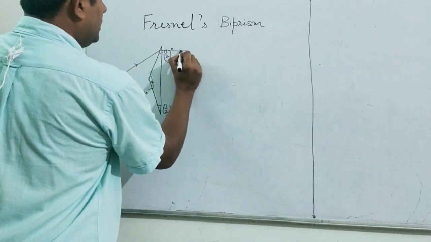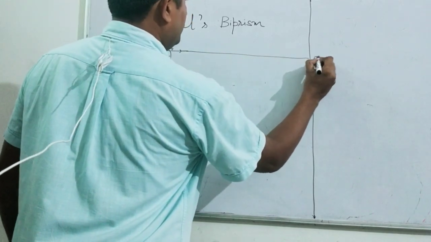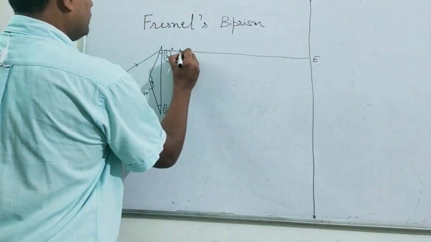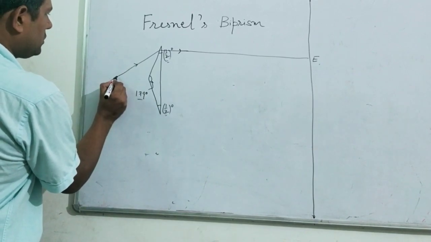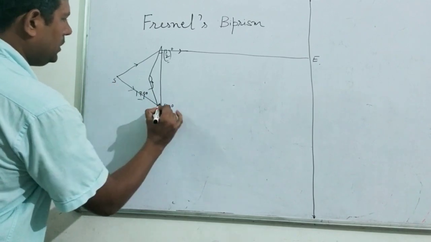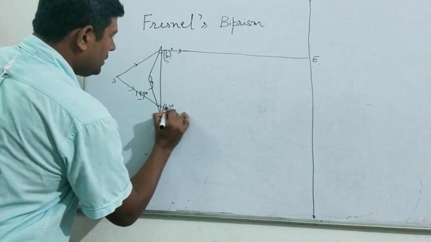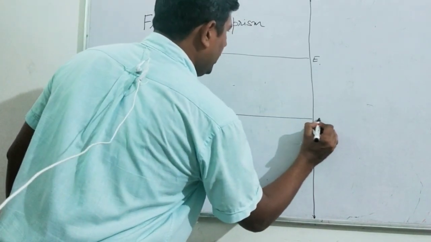Let us say this ray will strike the screen at point E. When the ray from this source is incident on the lower portion of the biprism, it bends upward and strikes the screen at point F.